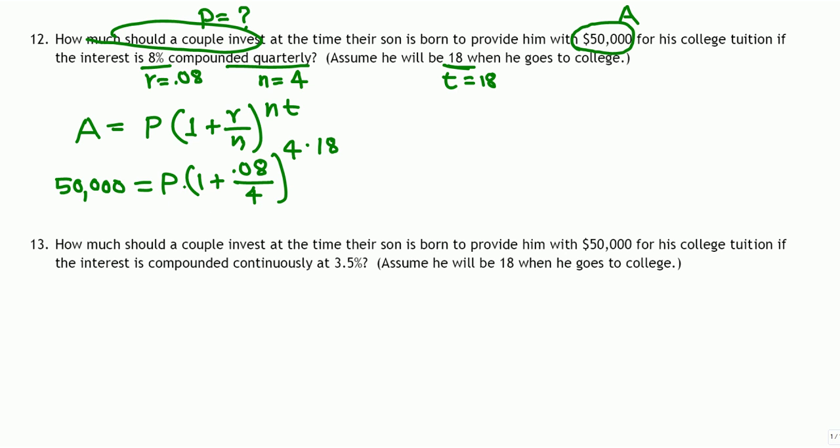Now this will be a decimal number. 4 times 18 is 72, so 1 plus 0.08 over 4, everything raised to 72.